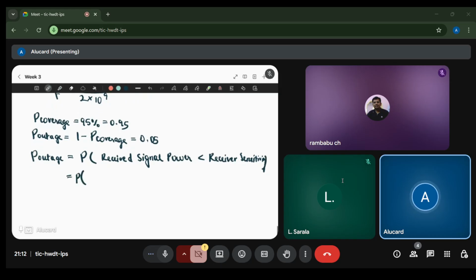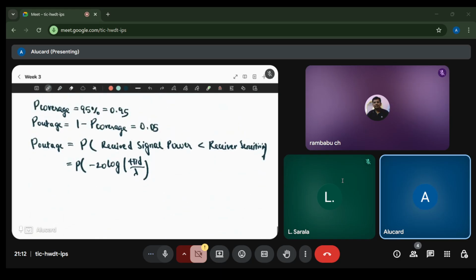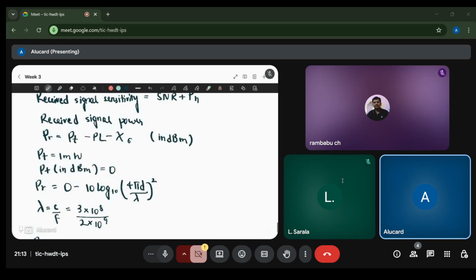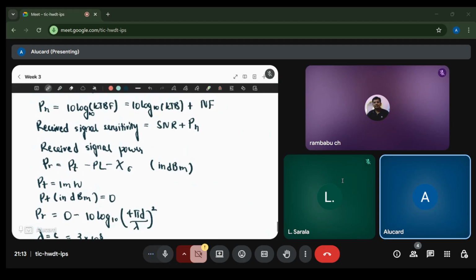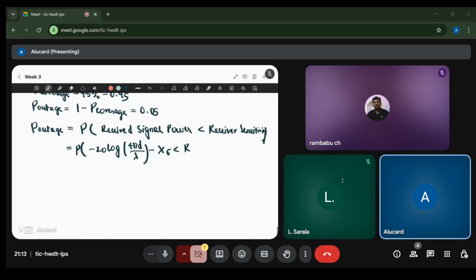That is the probability that minus 20 log 4 pi d over lambda. Since it's log, I can bring the exponent down and write it as minus 20 log 4 pi d over lambda, minus X sigma, is less than received sensitivity, which you would have calculated earlier, SNR plus noise power.